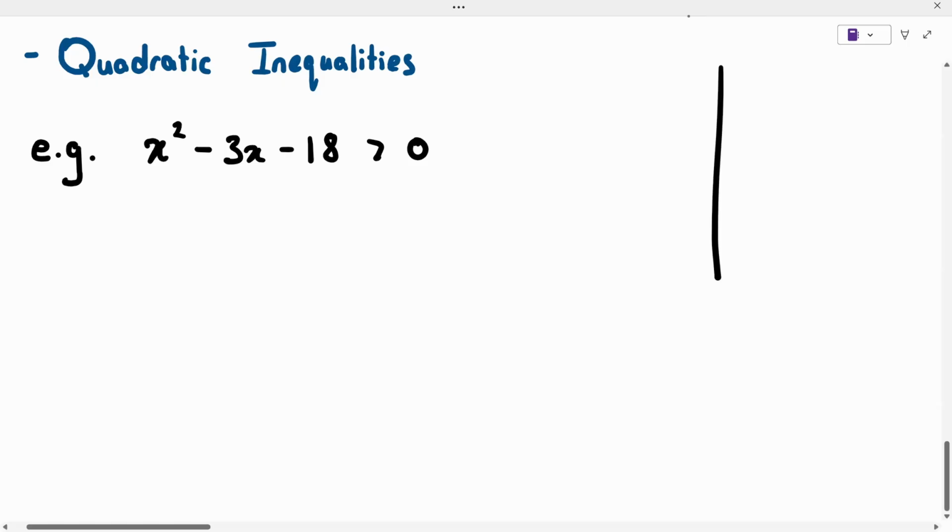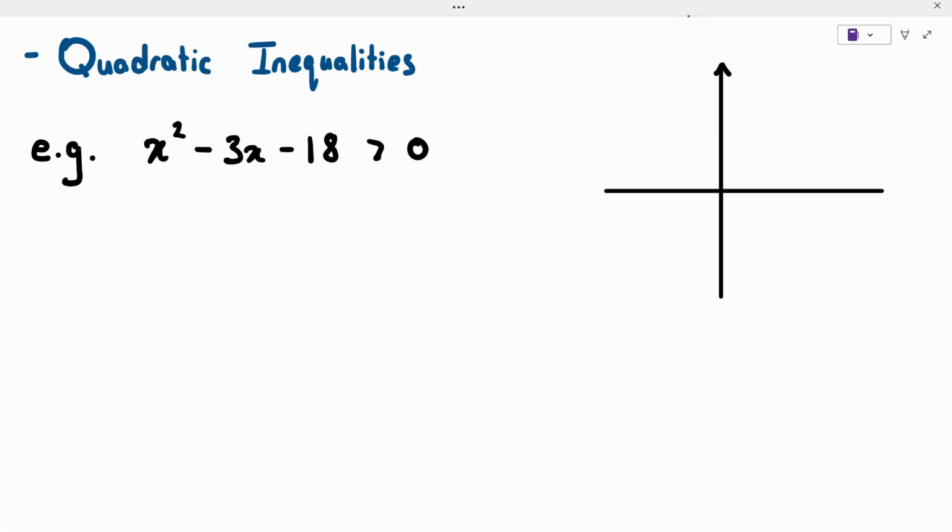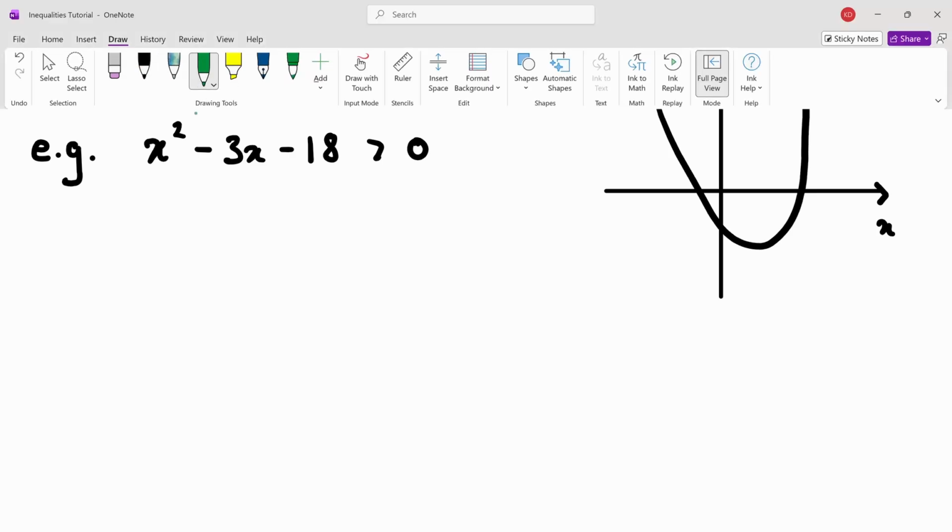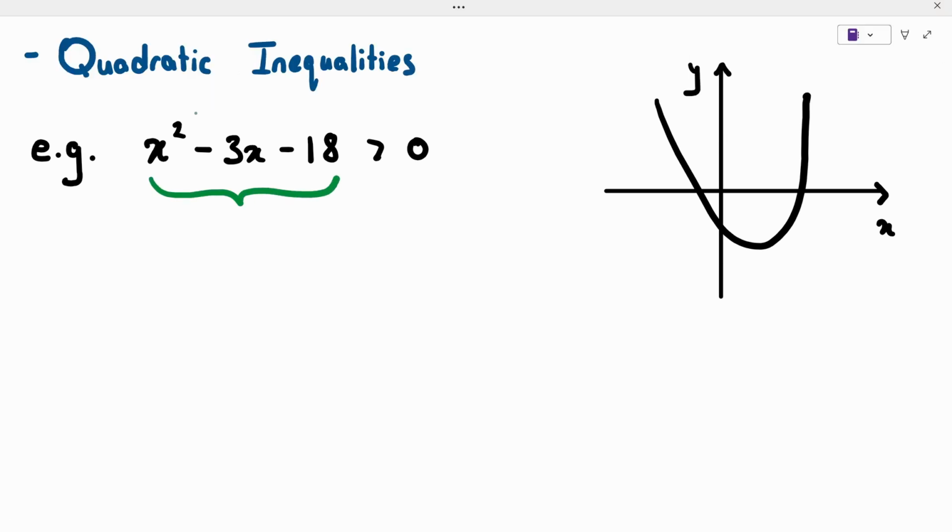Now, there's something we need to be careful of when we are dealing with nonlinear inequalities. You see, nonlinear equations and nonlinear inequalities by extension are typically represented by a curve. And the thing is, this value here, maybe we could call that value y.